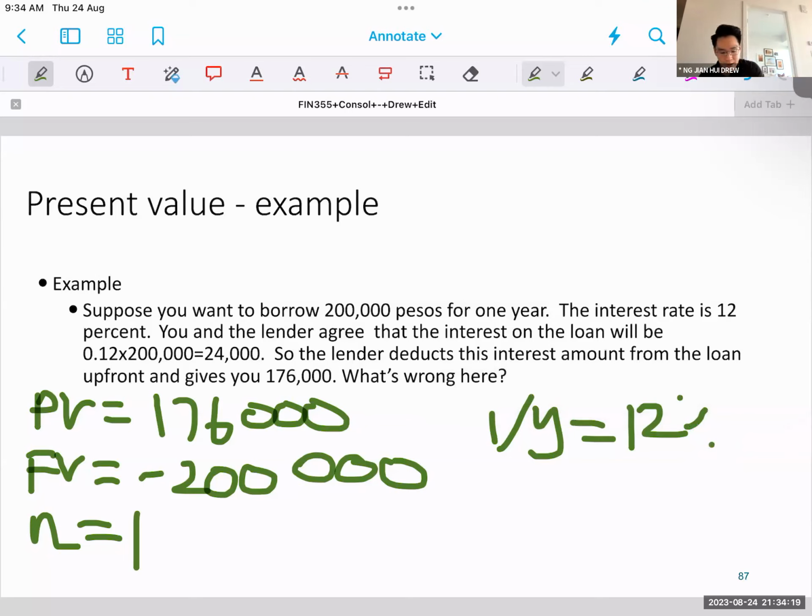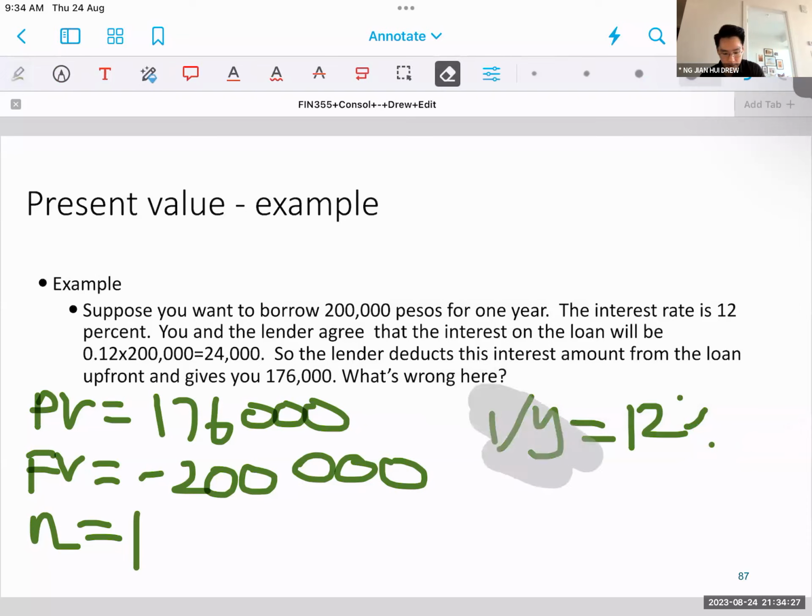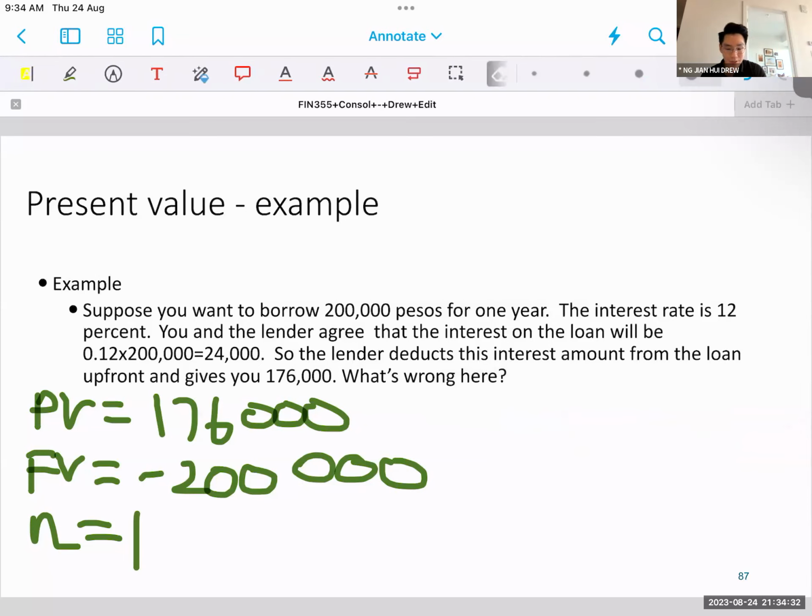What happens when you calculate this? You are calculating IY, you are calculating interest, so you don't put interest. Yeah, so your IY, when you calculate, or your rate, is actually more than 12%.